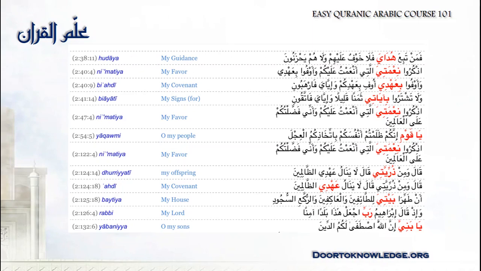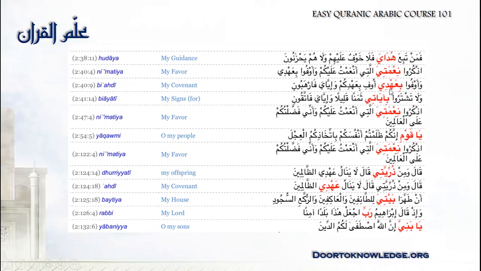And let's see some places where the ya is in the Quran. I will not read or translate the whole ayah, just the word where it shows my. Hudaya: huda is guidance, ya is my, my guidance. Ni'mati, ni'ma is favor, my favor.